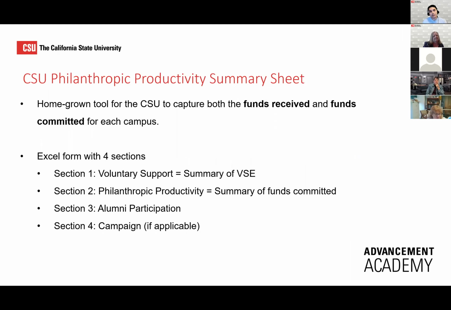And then we take the new gifts and we add in pledges and gifts from Native American entities that we can't count on the VSE. We add in revocable deferred gifts at face value, and then that gives us the CSU gift commitment number that we like to use. And then section 3 has a couple of data points on alumni participation that you can again reference your VSC on.